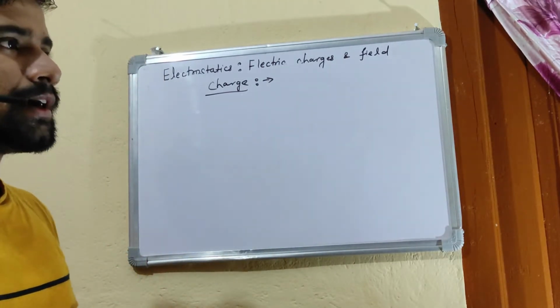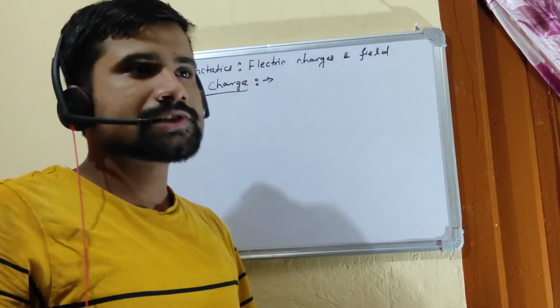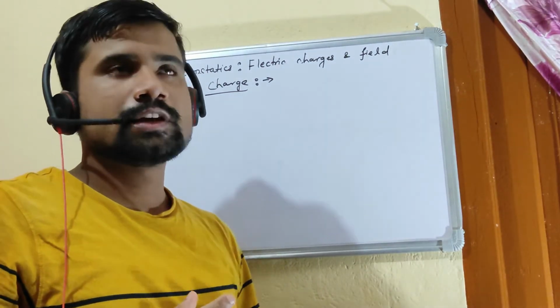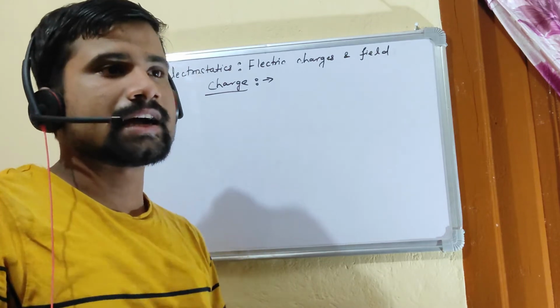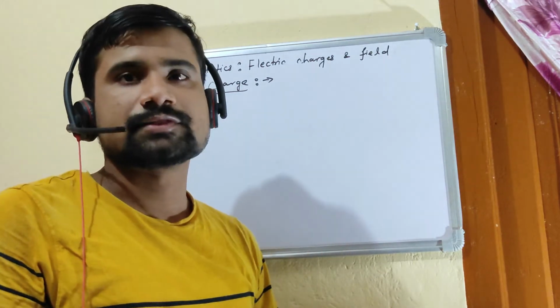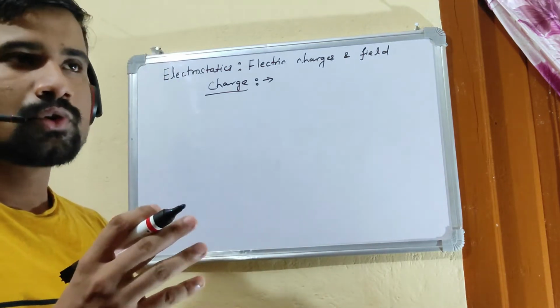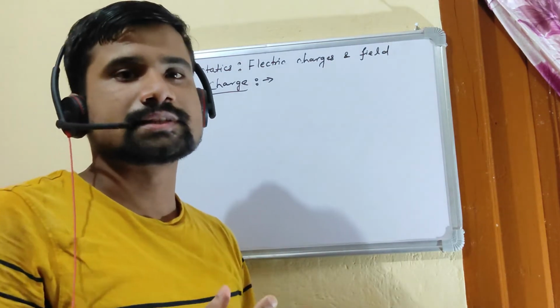So let's get a bit behind into history and think about how charges were discovered. Like we know that there are positive charges and there are negative charges, but we should also know how those charges were discovered.